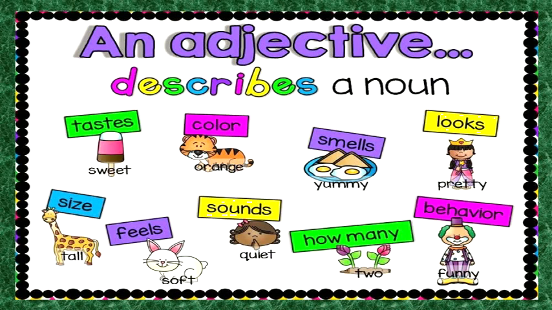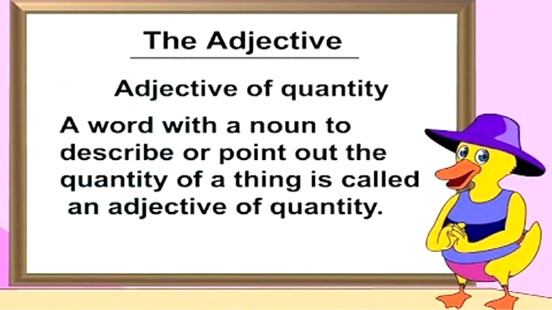These are all adjectives of quality. That also we have done in the previous session. Then how many? 2. This is adjective of number. This is also we have done. So the third category which we are doing is adjective of quantity.